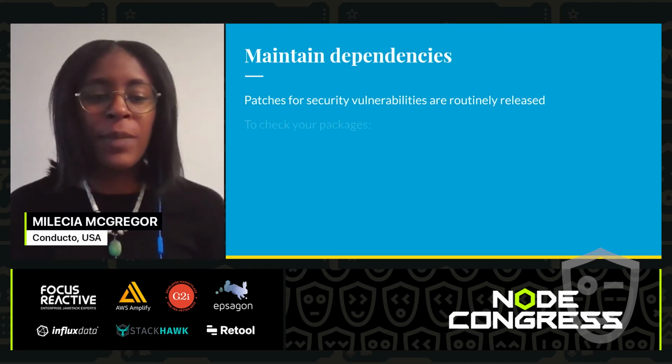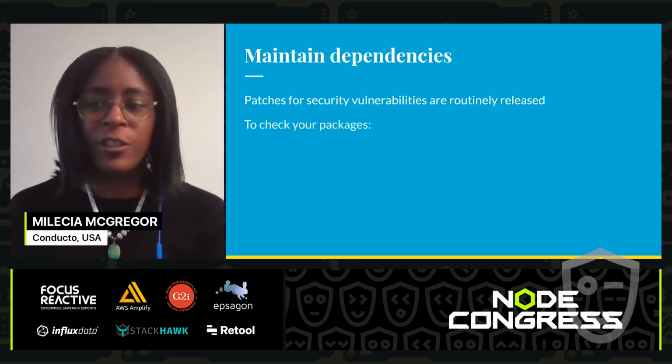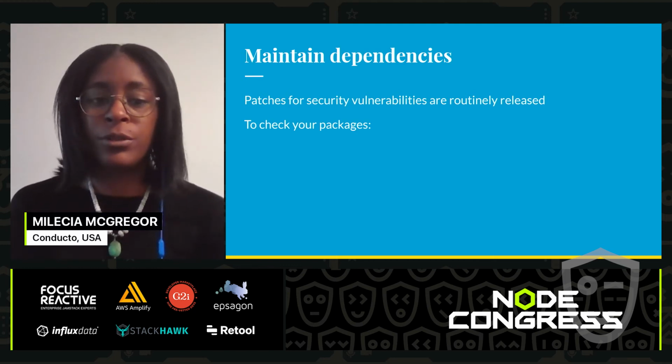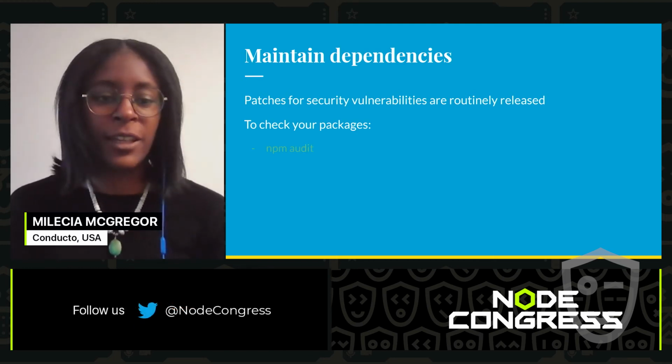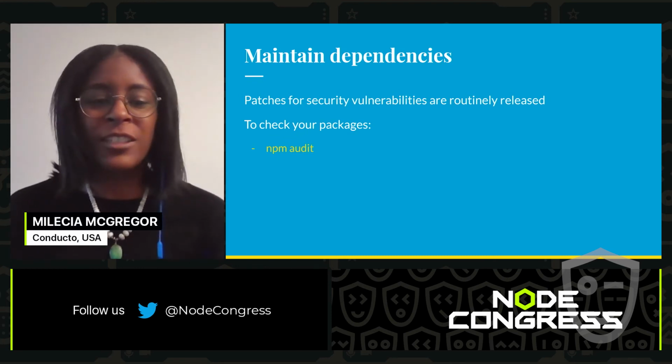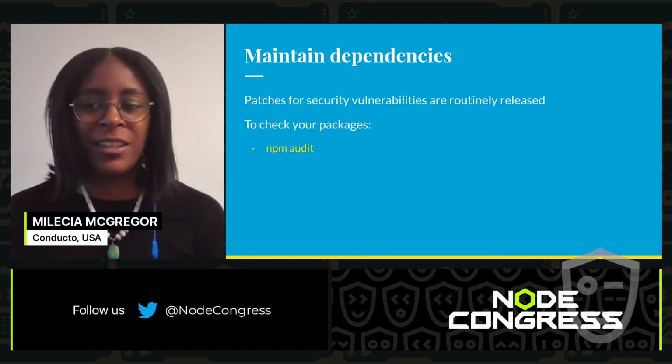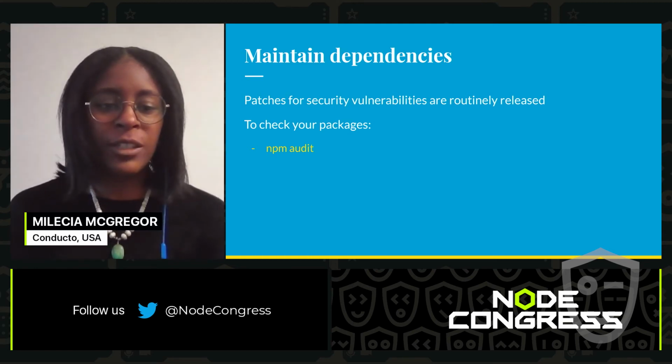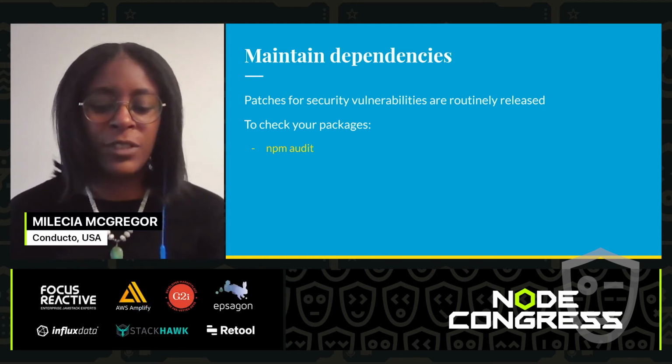So make sure that whenever you're pushing a new version or you went through a huge refactor or something like that, just check your packages, do a quick npm audit. This will list everything that has a vulnerability. It'll list anything that's out of date.